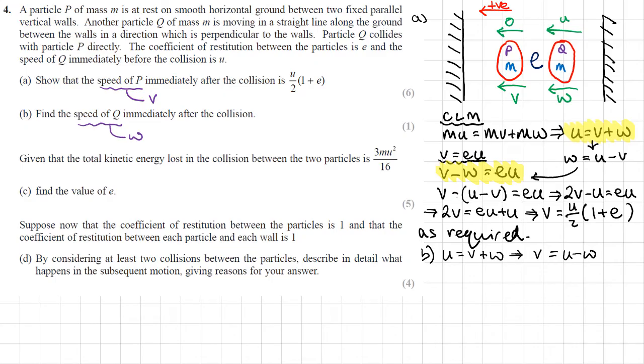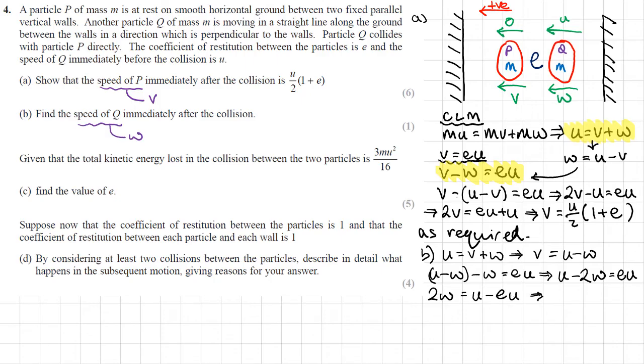I'll substitute this into here, so it'll be V, which is U minus W, is equal to EU. So I've got U minus 2W is equal to EU. That will be 2W is equal to U minus EU. We're pretty much there.